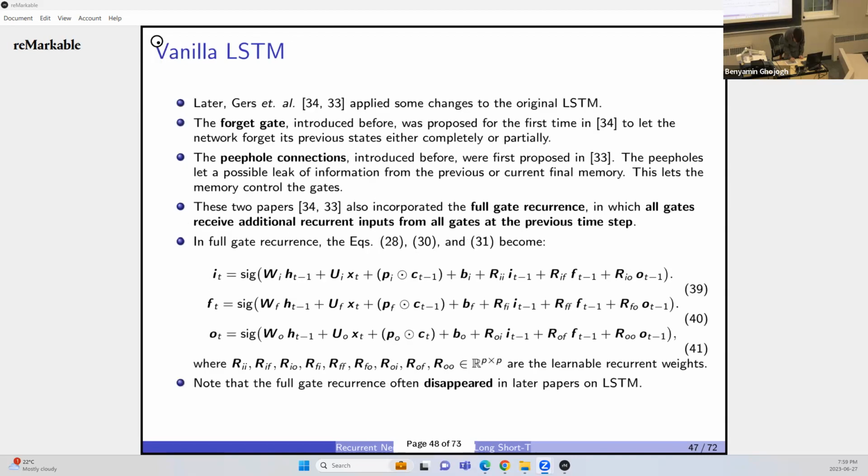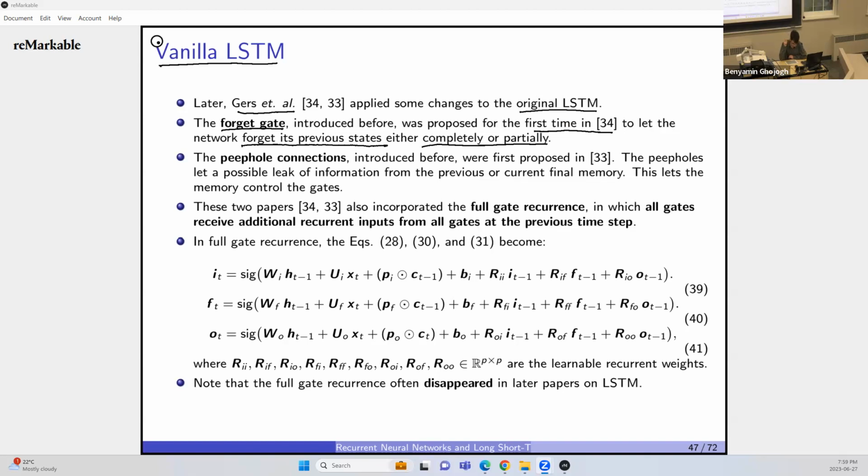Later, Gers et al., references 34 and 33, applied some changes to the original LSTM, and we call it vanilla LSTM. So what does it do? The forget gate was proposed for the first time in reference 34 by Gers et al. to let the network forget its previous states, either completely or partially.